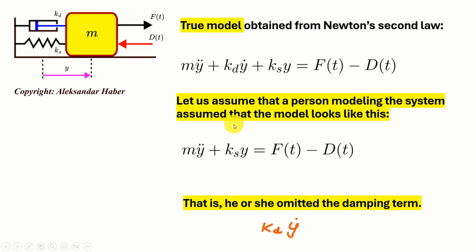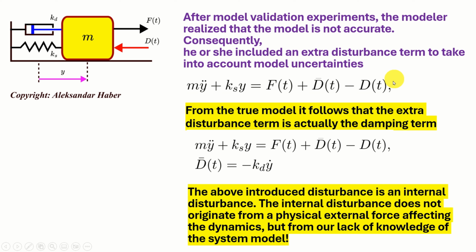Namely, if you take the original equation given over here, and if you move the damping term over here, you can see this damping term as this d bar. And in this way, we can actually model uncertainties as disturbances. That is, as internal disturbances affecting our system.